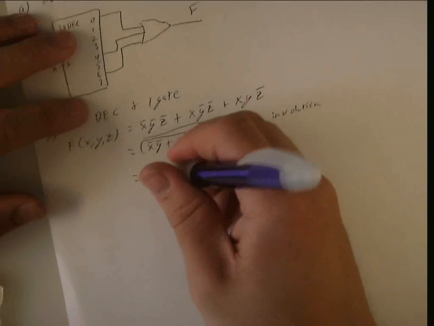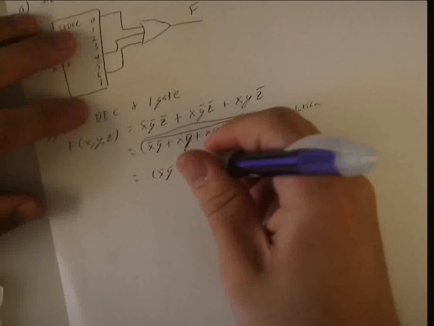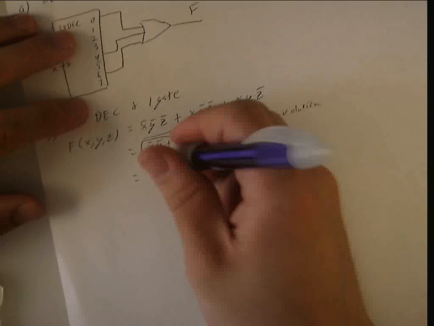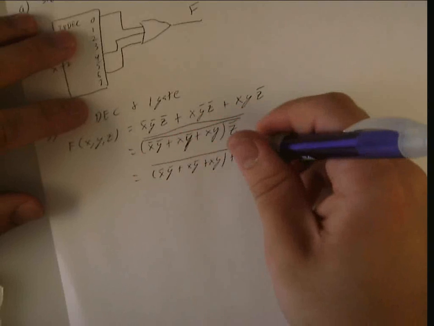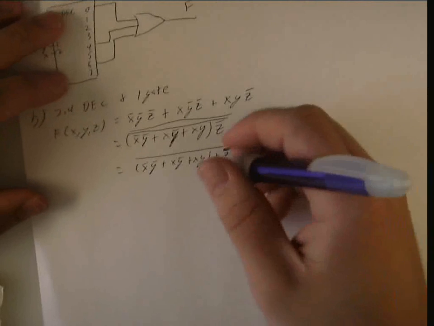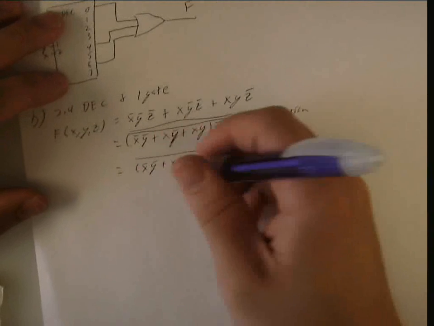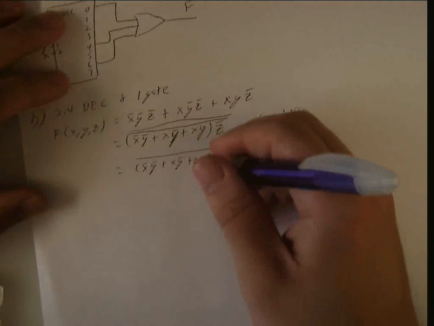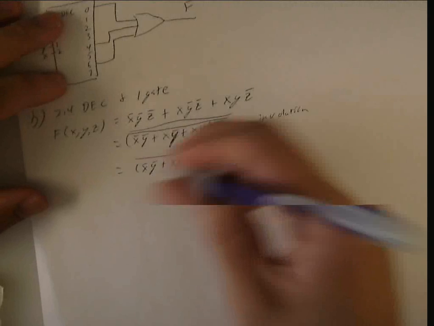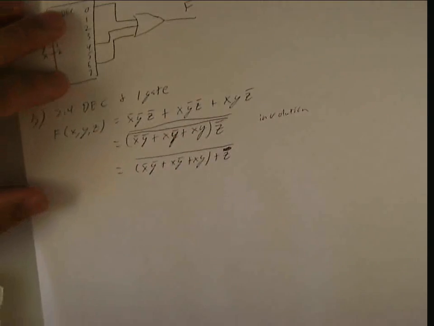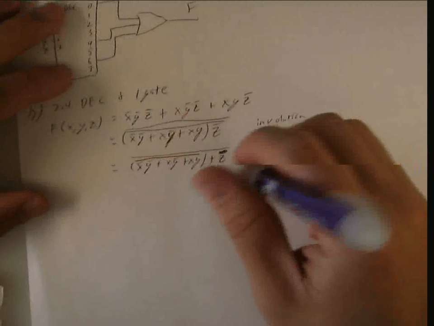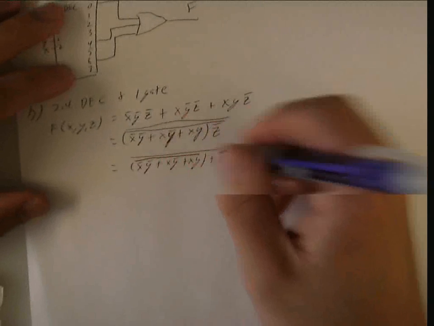So we're going to have x bar, y bar, or x, y bar, or x, y, NORed, sorry, it's going to be NORed with a z. And so all of this is 3 minterms. So the complement of all this is the minterm that's missing. And so I need this complement here. And so essentially this is the form I need it in.